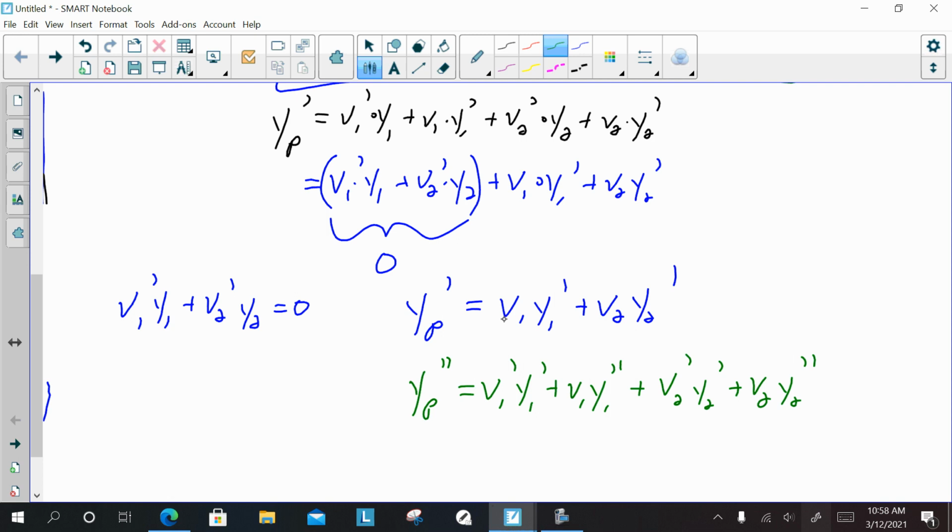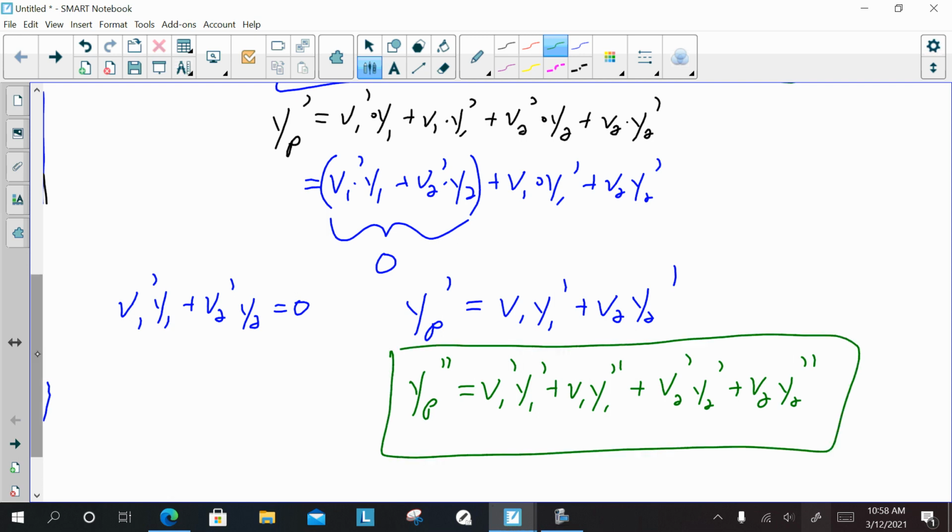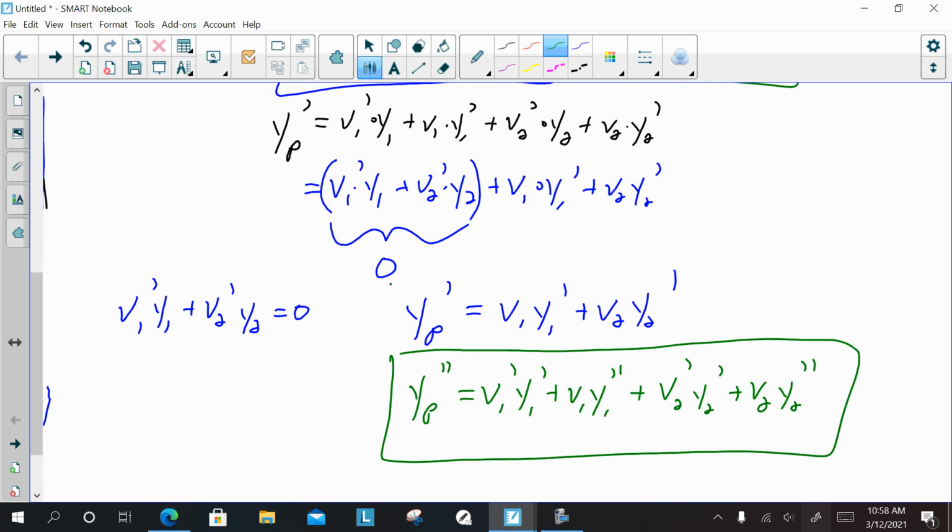So using the product rule on the first part, we got these two terms. The product rule in the second part, we got those two terms. So now we have our second derivative, and we have our first derivative.